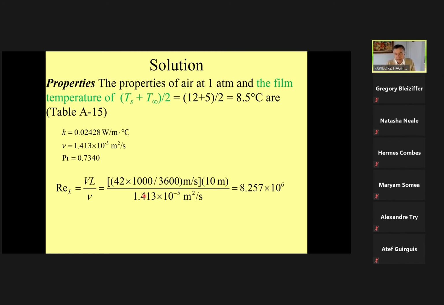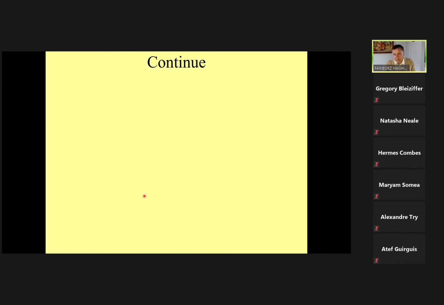Okay, let's go on to the next one, which is higher than this, that means it's turbulent. Therefore we use the equation I mentioned. This equation considers the contribution of laminar flow and turbulent flow. I can directly place the Reynolds number in this equation because we calculated it. We know it's air, 0.73, and we place it here and we find the Nusselt number is this one.